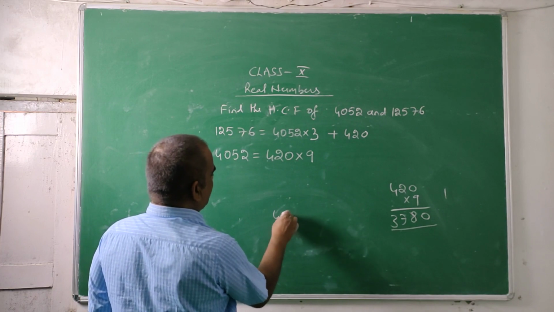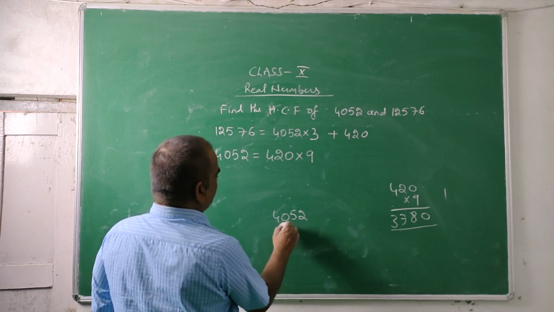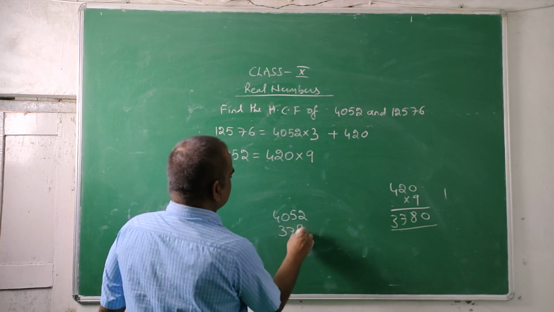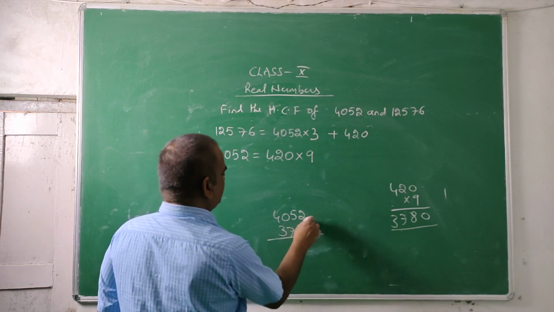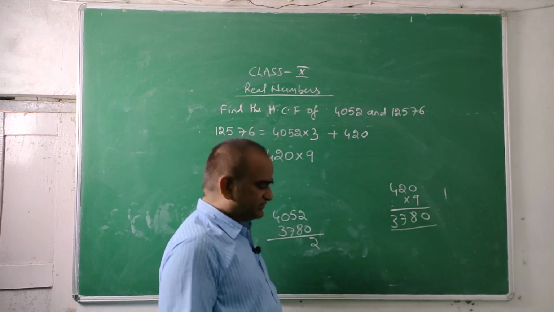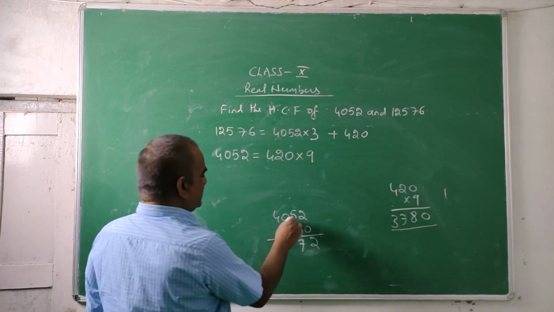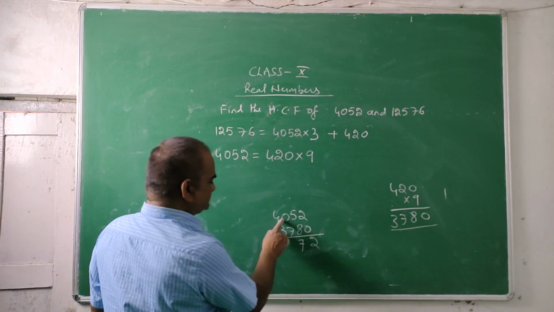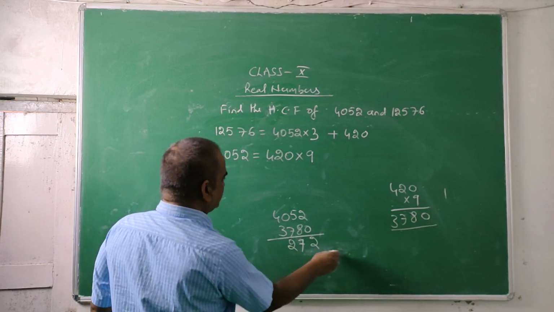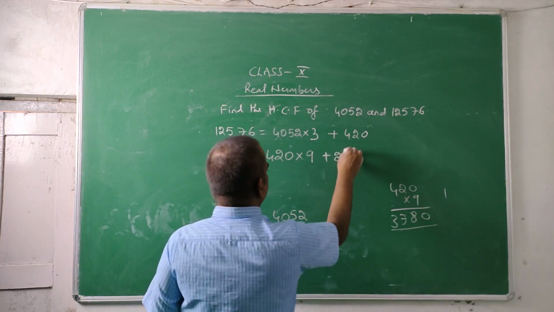Now subtract 3780 from 4052. Then you get 2. 15 minus 8, 7. Next you get 9. 9 minus 7, 2. So 272. So plus 272.